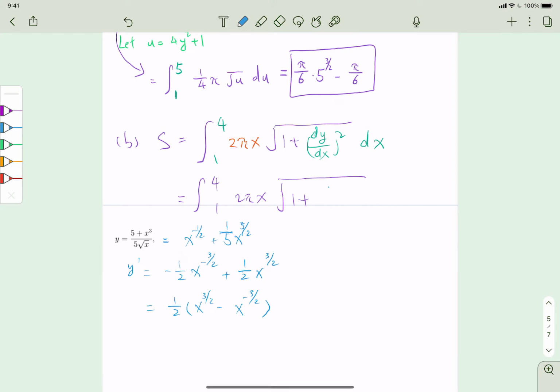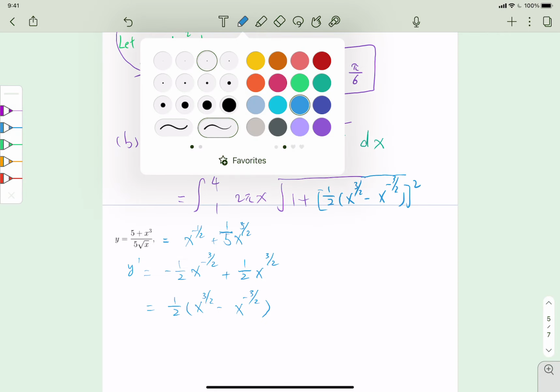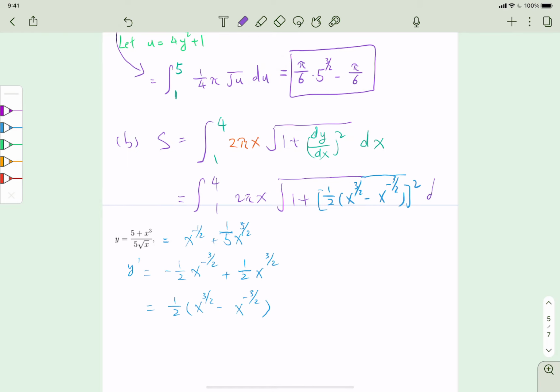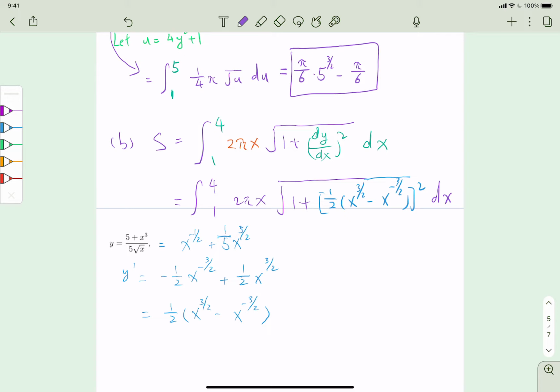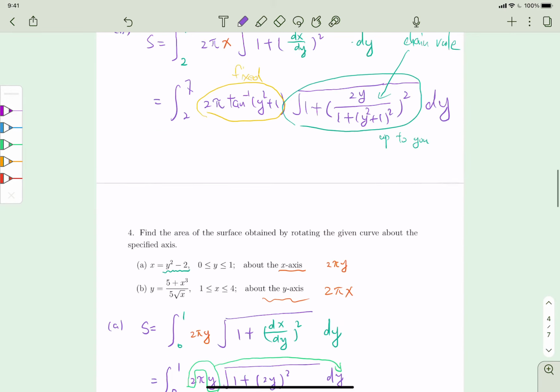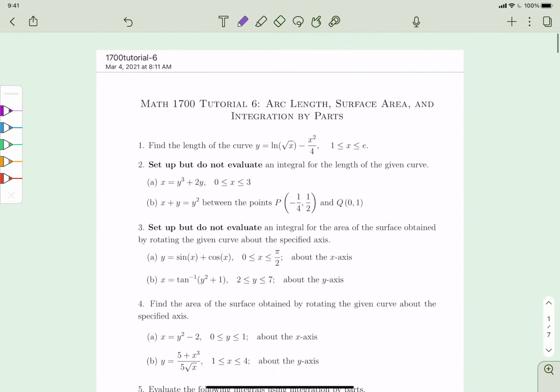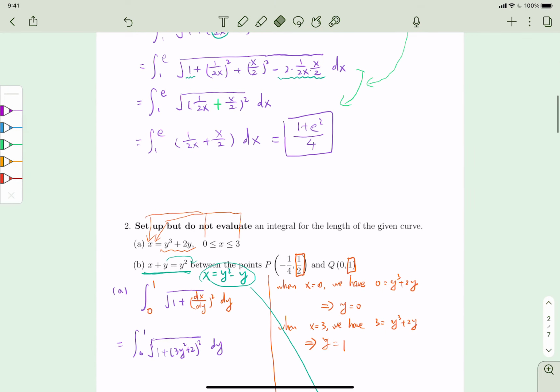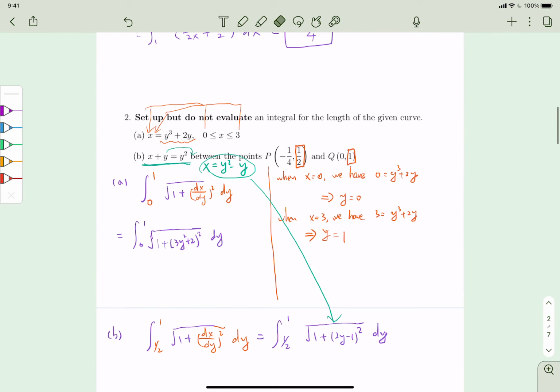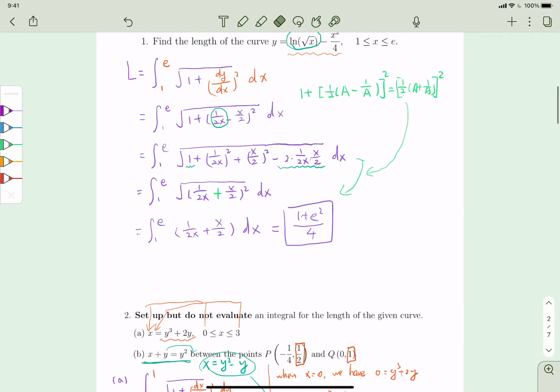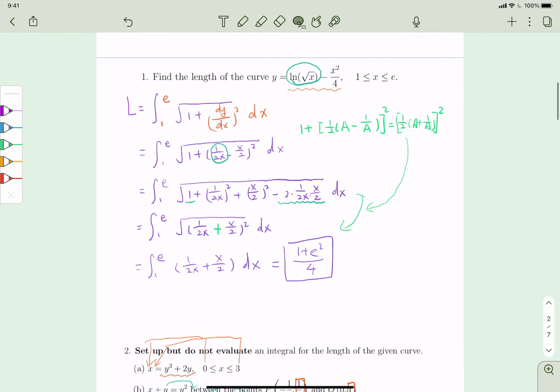So 1 over 2 times x to the 3 over 2 minus x to the negative 3 over 2, bracket, square, and dx, sorry. Now remember the pattern we talked about at the very beginning. This thing is gonna be used. Which one? Oh, this one.